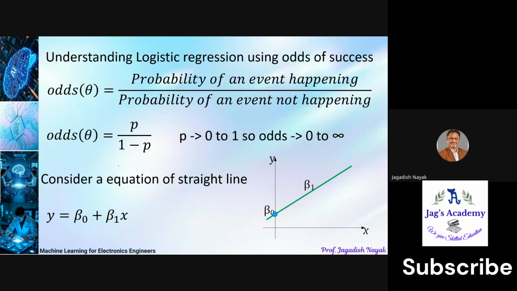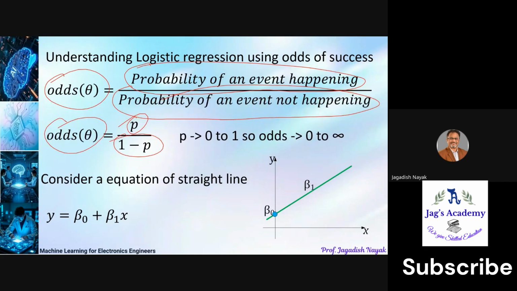It is written as odds of theta, which is the ratio of the probability of an event happening divided by the probability of the event not happening. Suppose the probability of the event happening is p, then the probability of the event not happening is 1 minus p. That is called the odds of success.